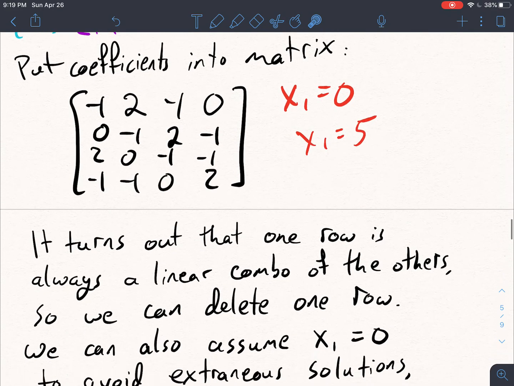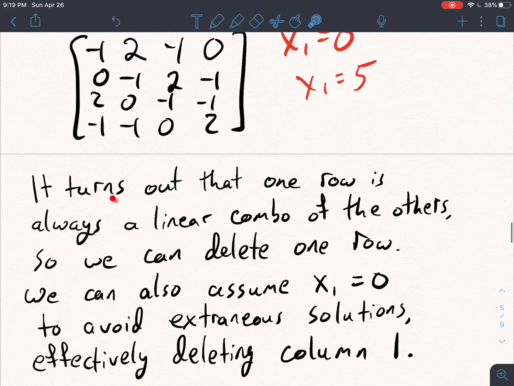So we can throw out one of these rows, and I'm not going to explain to you why that's true. I don't think it's really worth it for our purposes today, but just take my word for it that that is true. So in summary, it turns out that one row is always a linear combination of the others. So we can delete that row. It doesn't actually matter which row you pick. We could just delete one of them.